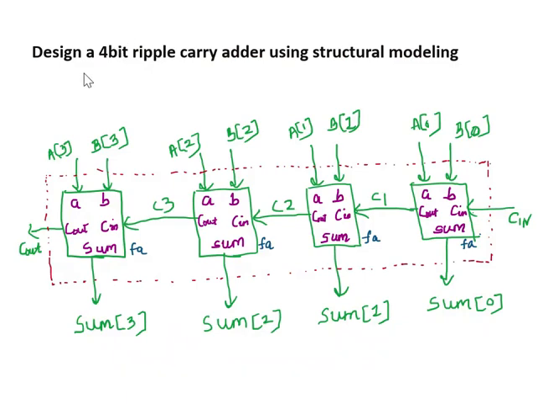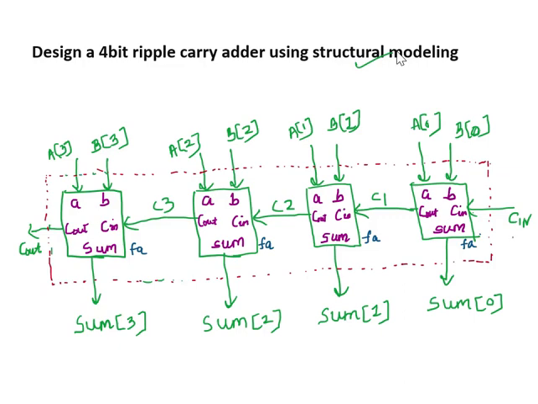See, for example, here I have taken an example: design a 4-bit ripple carry adder using structural modeling. So this is my circuit for the 4-bit ripple carry adder. This dotted part you can see here is my 4-bit ripple carry adder.